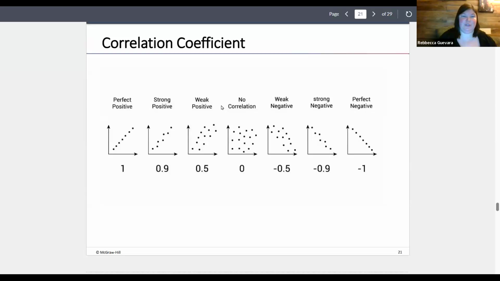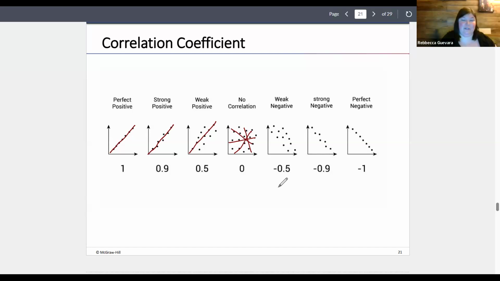So this was just to show you once again what it should look like. If it's perfectly linear, we get a straight line. All points fall on it. If it's like 0.9, it's almost a straight line. 0.5, we can still see a straight line to it. That's a weak positive association, but we can still see where it is. If we have 0, that means there's no linear association. That's when our data is so scattered there's no clear-cut line that goes through it.